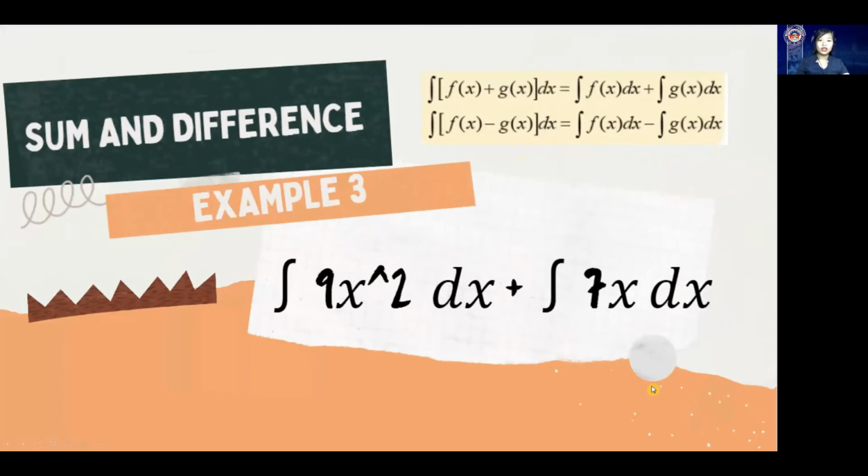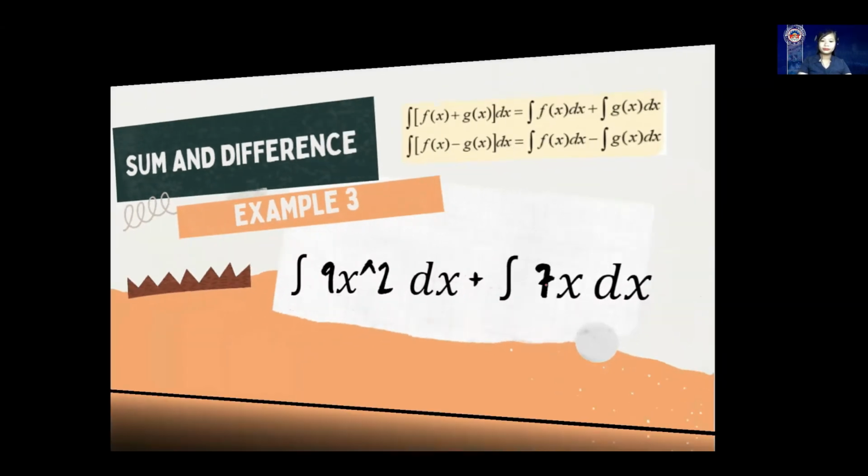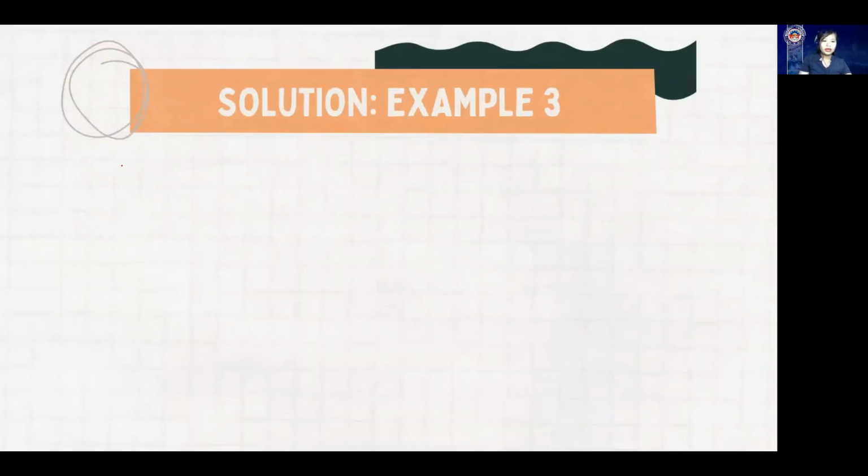Third one is the sum and difference rule. For the example, the integral of 7x squared dx plus the integral of 9x dx.